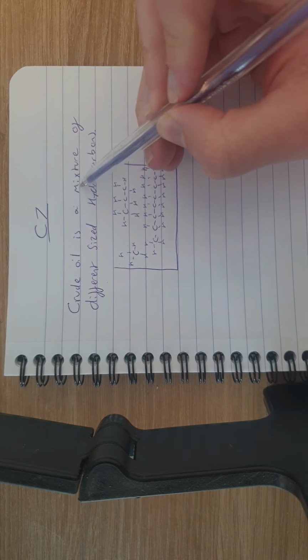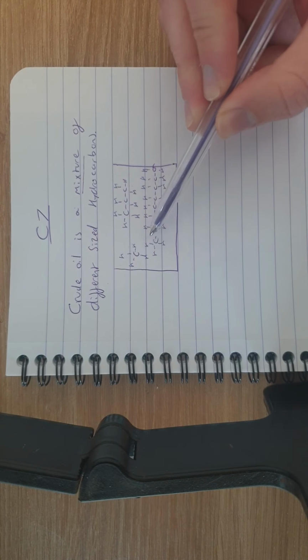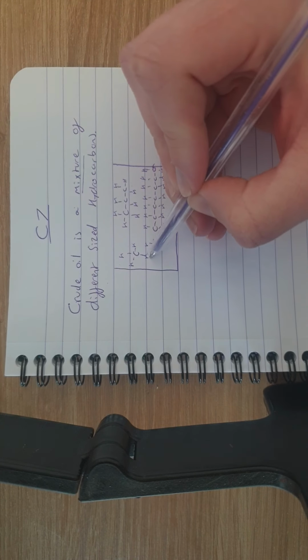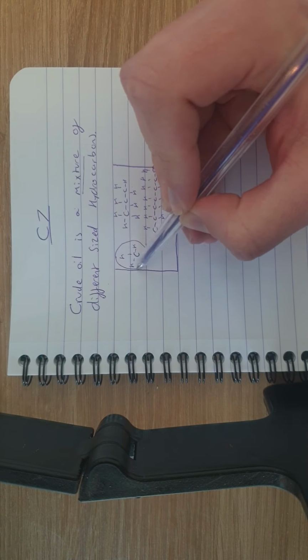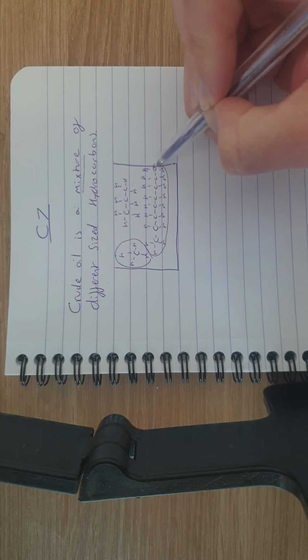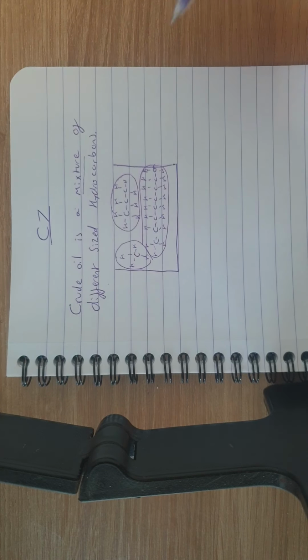We say it's a mixture because they are not joined together. These different hydrocarbons are not joined together. So this hydrocarbon here is not chemically joined to this hydrocarbon here, which is not chemically joined to that hydrocarbon there.